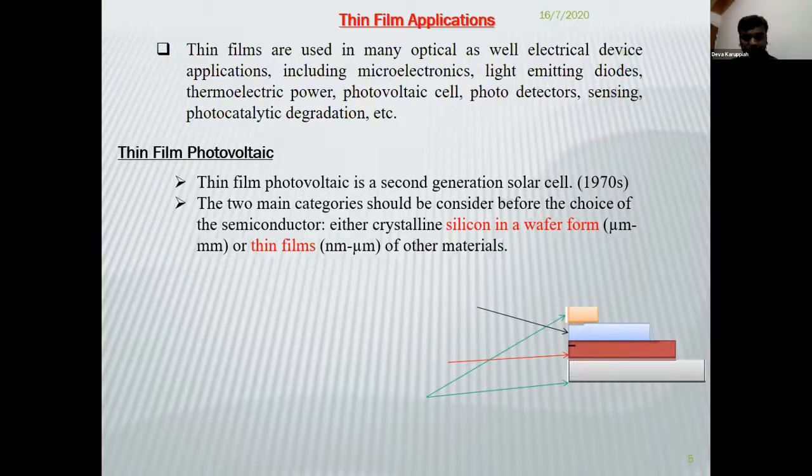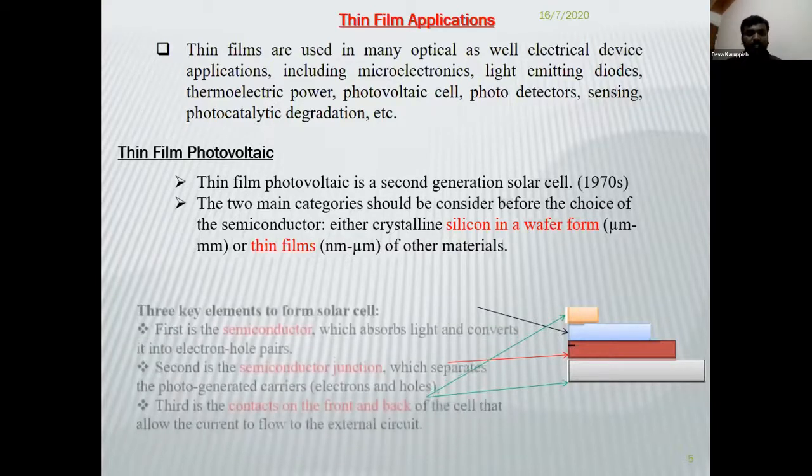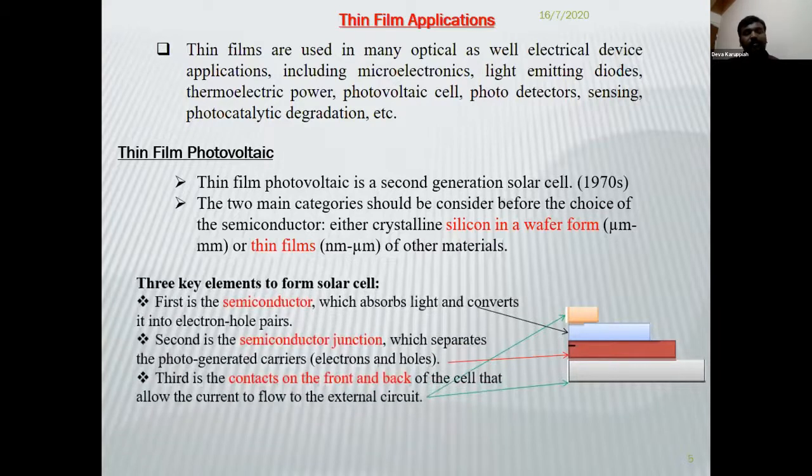So one is that it should be in crystalline silicon wafer form in the thickness range of micrometer to millimeter, and then thin film from nanometer to micrometer in thickness. So there are 3 key elements to form a solar cell. One is that the material should have semiconducting behavior, which absorbs light and converts it into electron hole pairs.